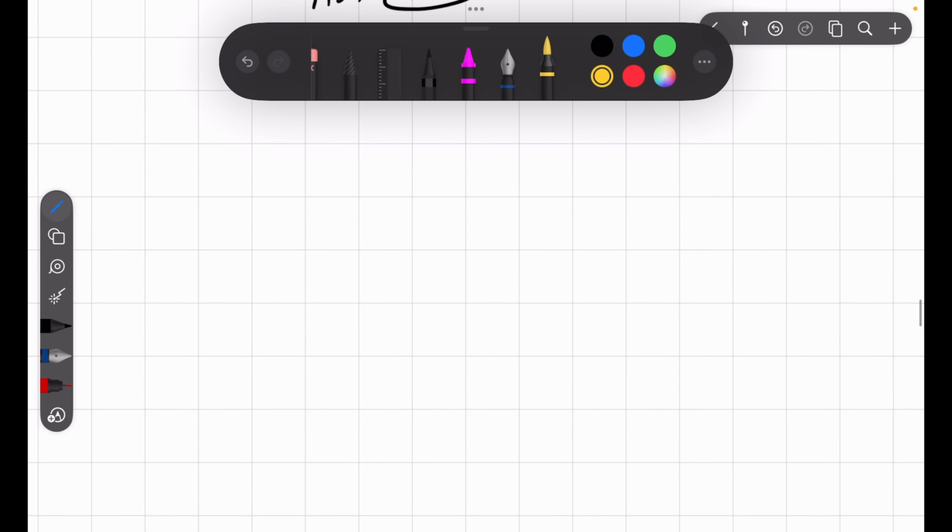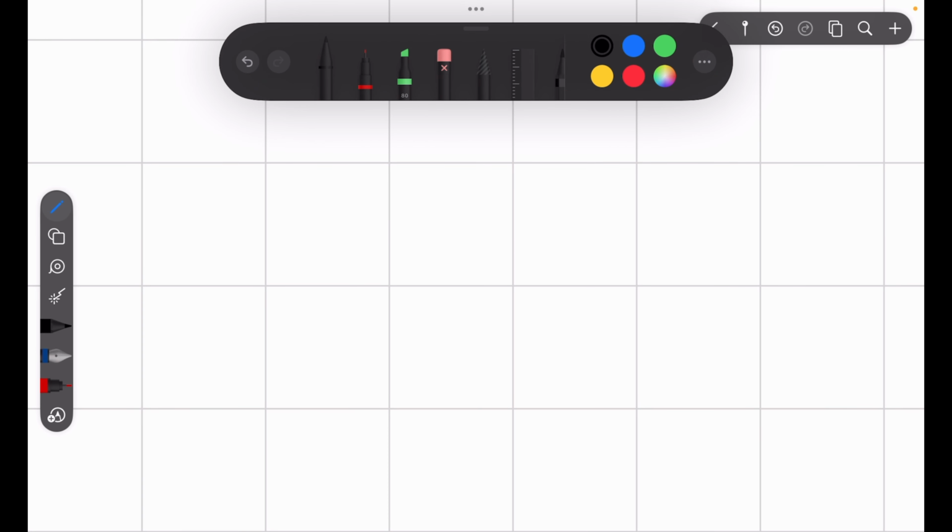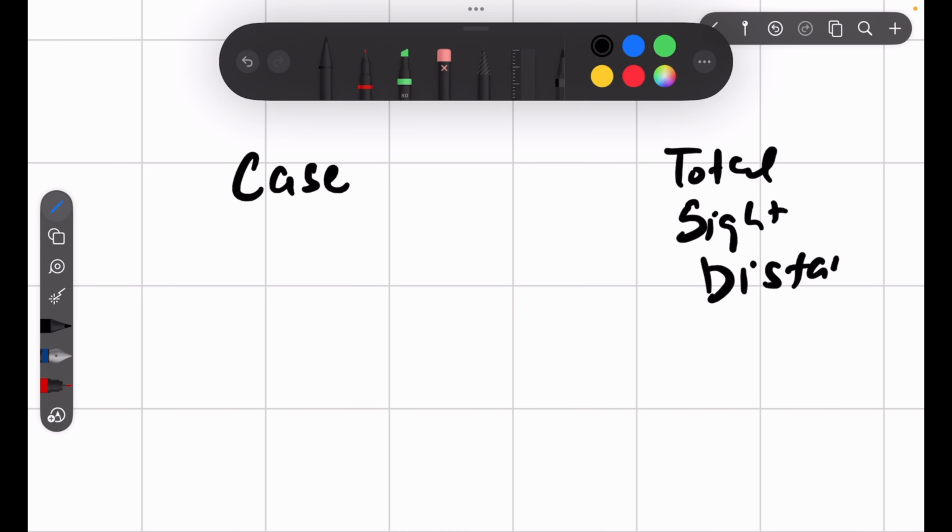Now it becomes very important to discuss a few important cases with respect to the stopping sight distance.